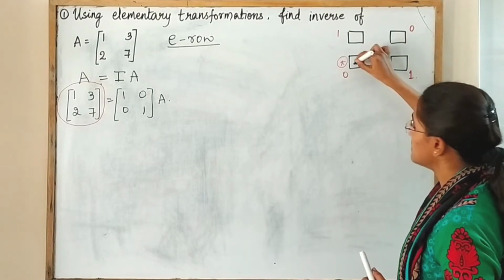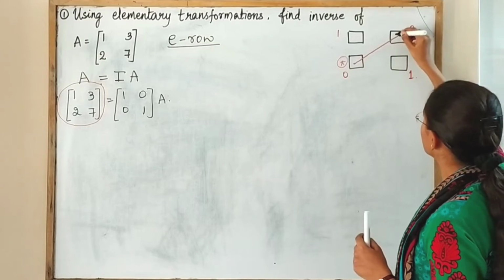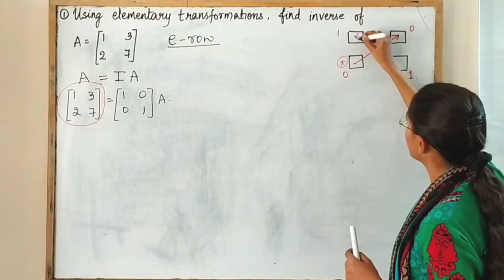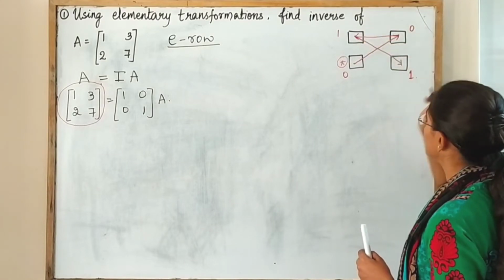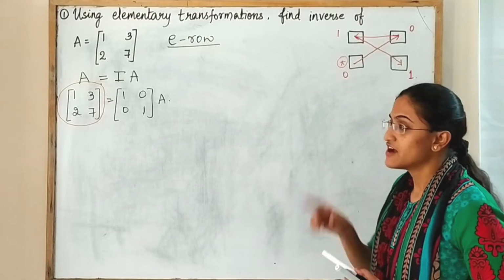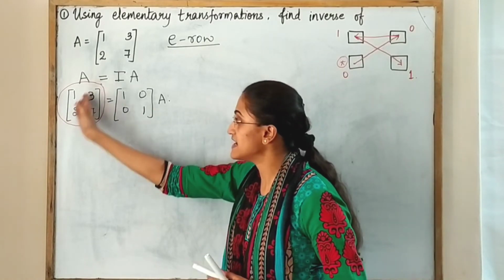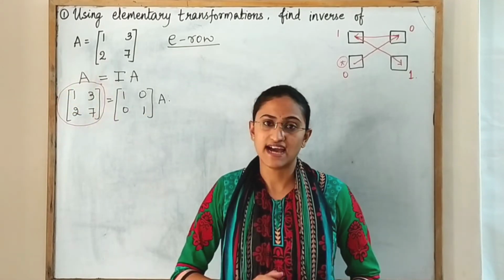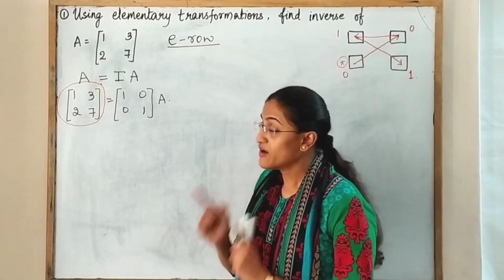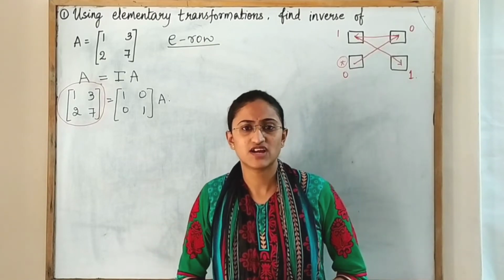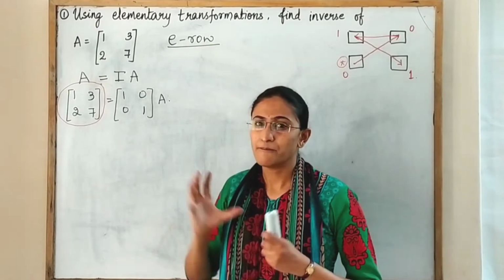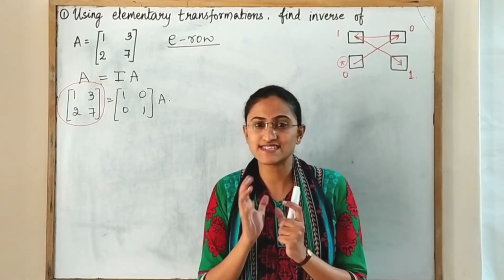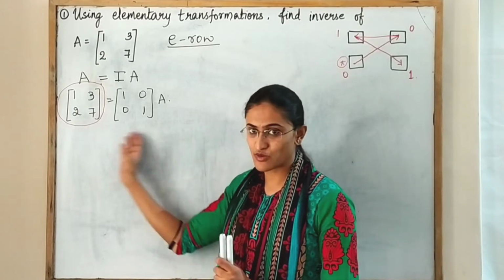Start with this element, make it 0, go to its diagonal element, make that 0, come back to the first element, make it 1, and then make the last element 1. It's simple: first I convert the secondary diagonal elements to 0 and then convert the diagonal elements to 1, right? Also, while writing the elementary transformations, many students struggle to write the operations, and hence I have a very simple trick to write the transformation here.